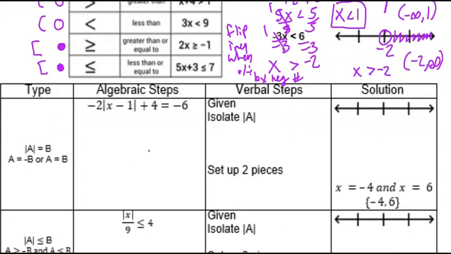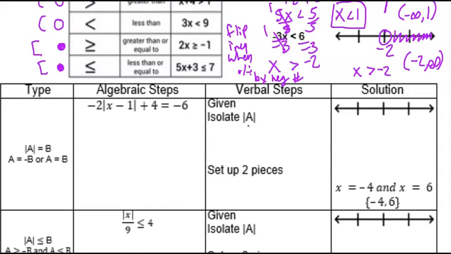Let's look at the first example in our table. We have the type of equation here, absolute value of A equals B. So you're going to have your negative piece and your positive piece. This should be a review from the last set of notes for 6E. So we have negative 2 times the absolute value of x minus 1 plus 4 equals negative 6.